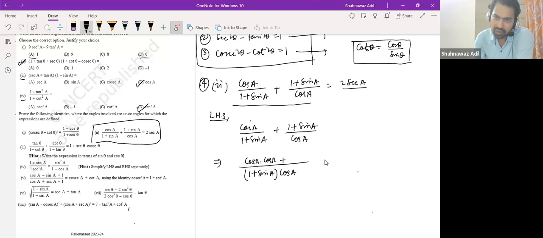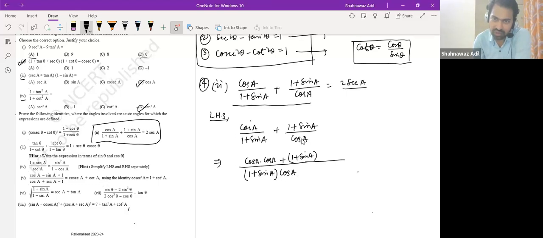And then in here, what will we get? So 1 plus sin A is in there, but what would be the factor that we should multiply it with? 1 minus sin A. So we divide this cos A by this.